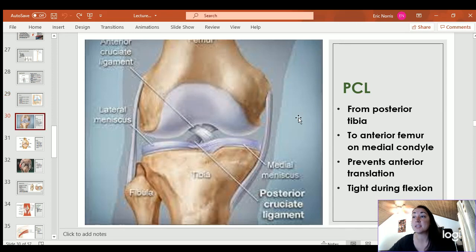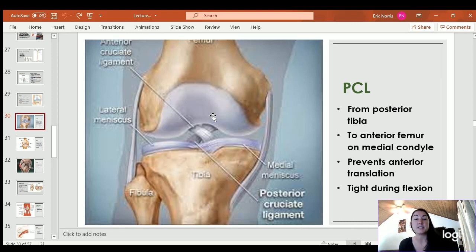The PCL begins posteriorly on the tibia, and then it travels upward and anteriorly on the medial condyle of the femur. So it starts posterior on the tibia and then connects to the anterior medial condyle on the femur. It prevents anterior translation, moving forward too far, and it is tight during flexion.